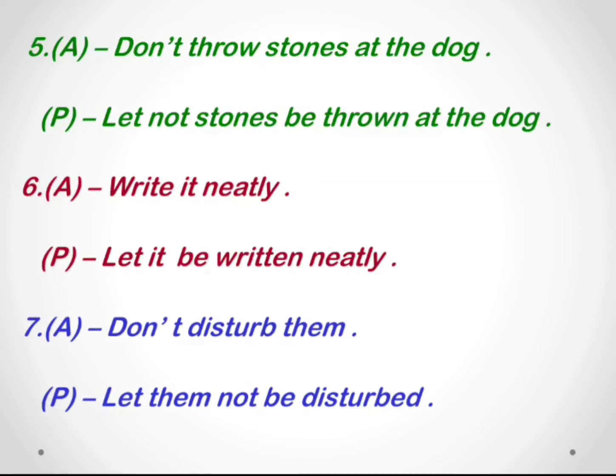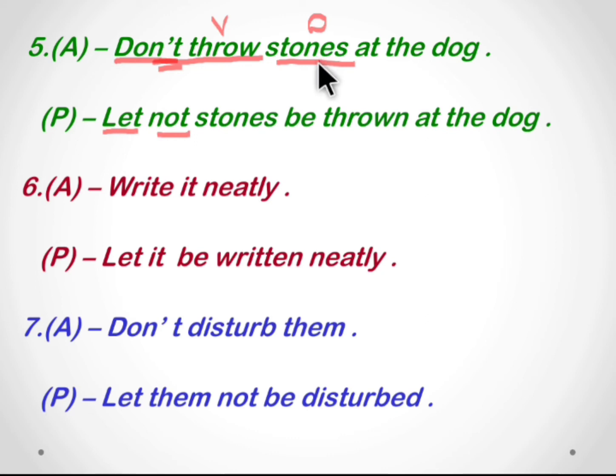Next, we have a negative sentence. Don't throw stones at the dogs. So don't throw, this is the verb. Here stones, what not to throw? Stones. So this is the object. So we need not bother about the remaining part of the sentence. In the passive voice, let us begin the sentence with let. Since we have a negative form here, we use not.